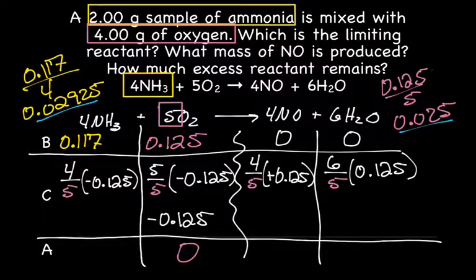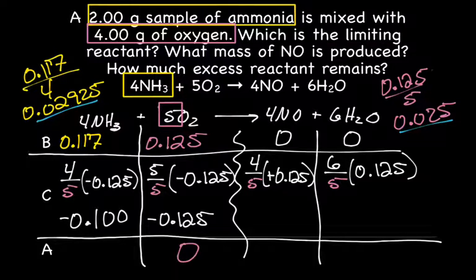Okay, so for ammonia, we're going to multiply 4 over 5 by negative 0.125, and that gives us negative 0.1, is what my calculator said. However, we know there's 3 sig figs, so we're going to add 2 more zeros there. We've got the change for oxygen. For NO, again, we're going to multiply 4 divided over 5 times 0.125.